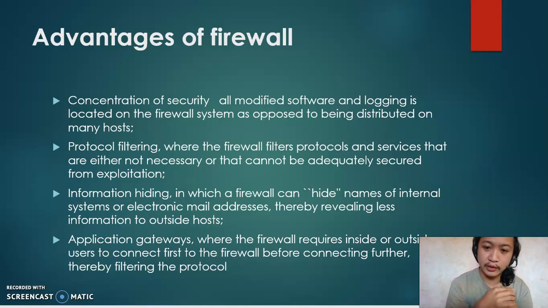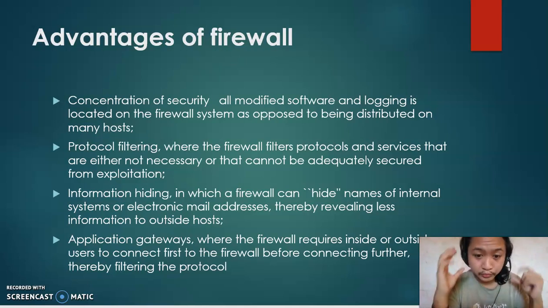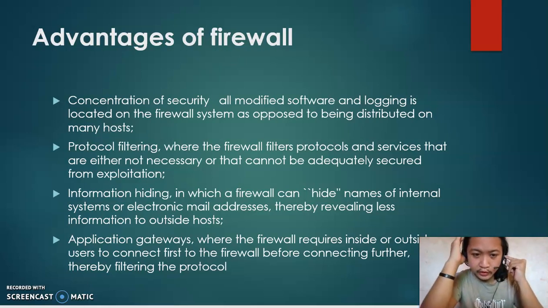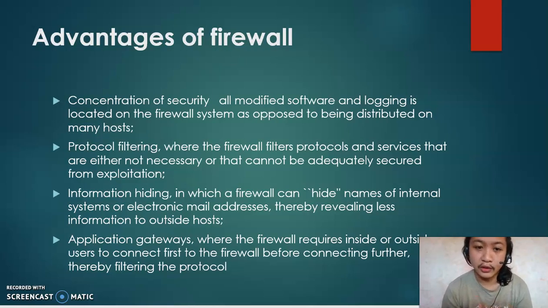Application gateway, where the firewall requires inside or outside users to connect first to the firewall before connecting further, thereby filtering the protocol. These protocols are the policies the firewall implements while you are using the internet or your computer.